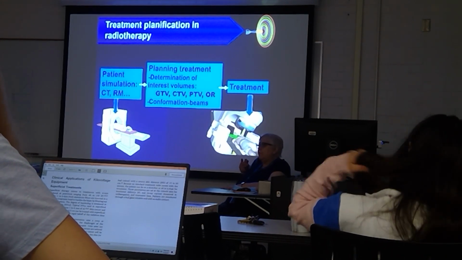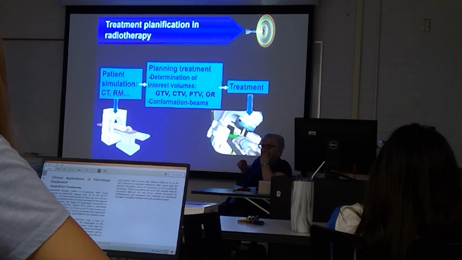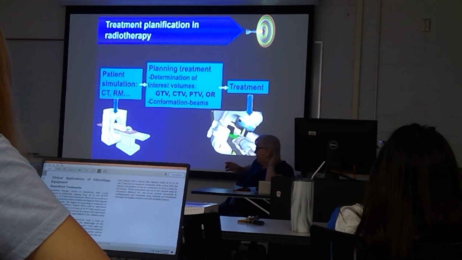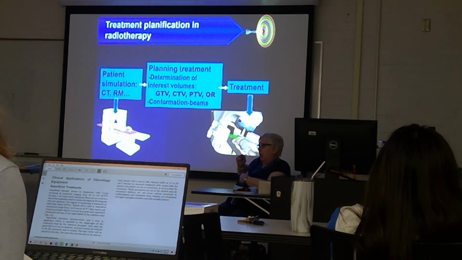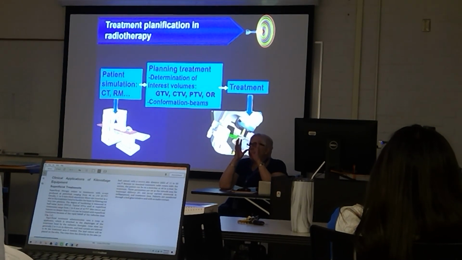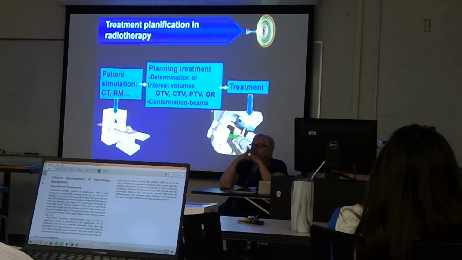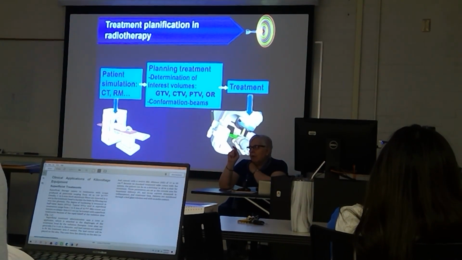If you're using KV images, you would probably just do an AP and a lateral, or in some cases, you may do obliques. What are you aiming to see if you take 2 KV images? Their current position, treatment margins, and making sure you're lined up. No. With KV imagers, you're looking for bony anatomy.